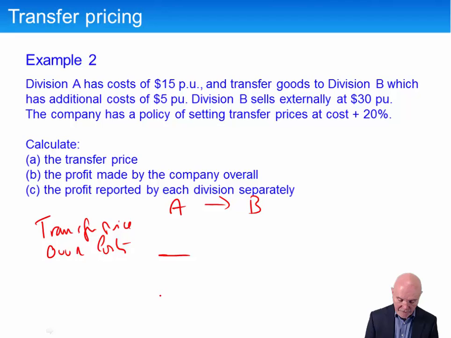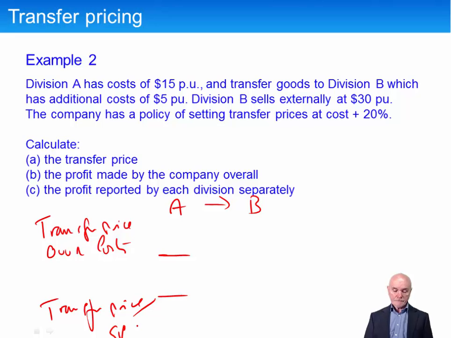We're going to have then the transfer price out, or the selling price, depending where it's going. So A has no transfer in price. A again is first in the chain. It has costs of 15 per unit. So its total costs per unit are 15.